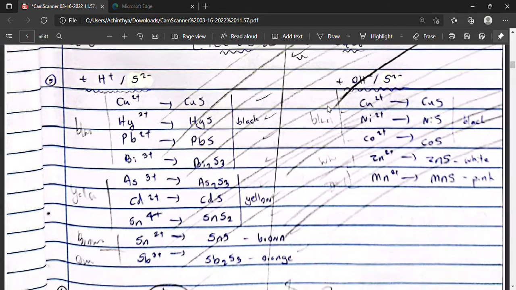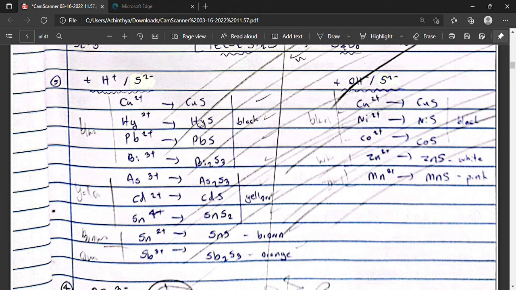Now, if we have cations and we bubble hydrogen sulfide gas in it, we will get their respective sulfides.